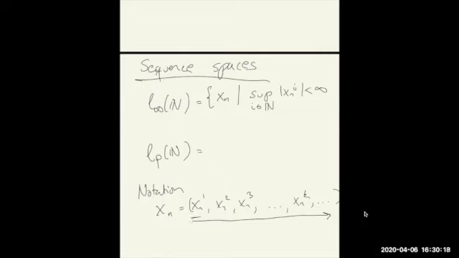And we denote a sequence by listing its elements, or we could give a formula for its elements. So these are two ways of describing a sequence. But just like for functions, we can look at different ways that the sequence might be finite, and another way to look at it involves a pth sum.